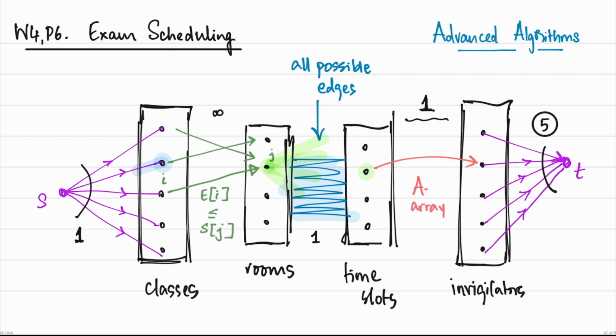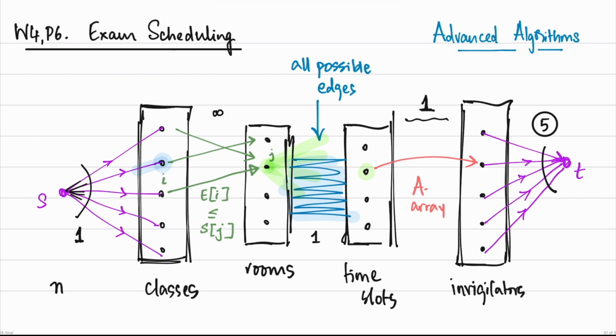Now it's a matter of checking in a fairly straightforward manner that if you have a flow that has value n, that must mean that it saturates all of these edges coming out of the source. Then you can actually trace that flow all the way to T, and you can decompose it into these n different paths, and each pathway basically gives you a schedule for that class.